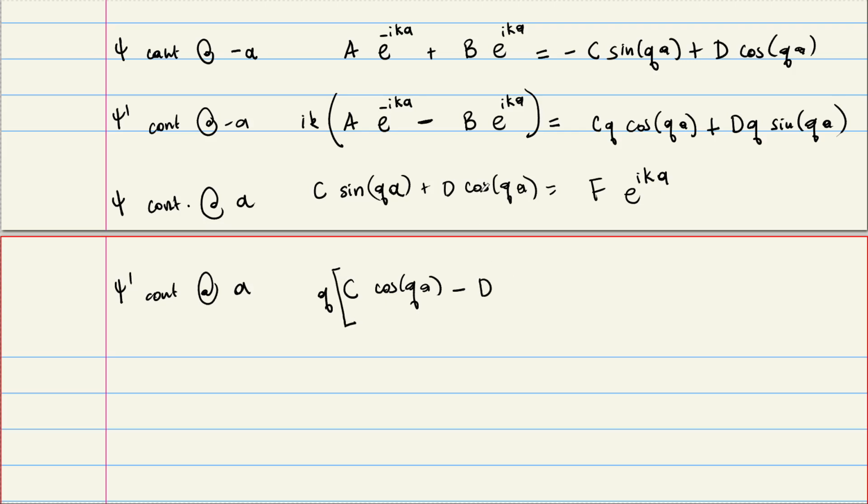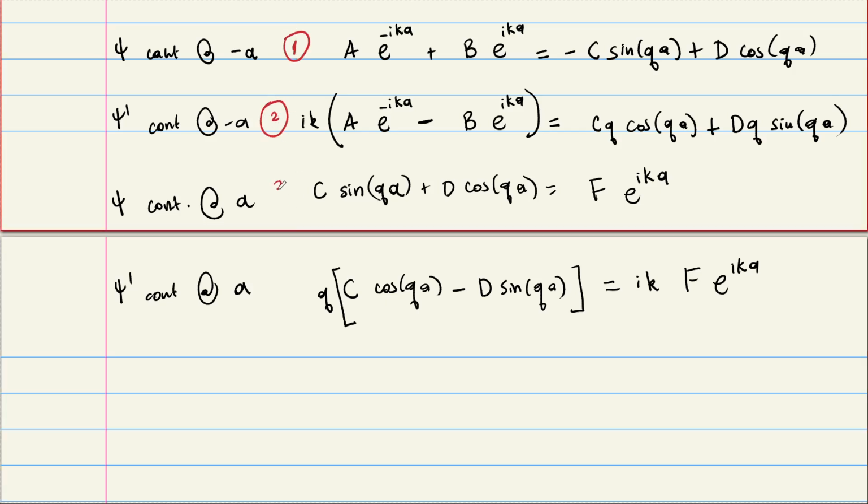The derivative of cosine is minus sine, so this is sine qa, equal to ik f e to the ika. Good. Now let me number these equations. So this is equation number 1, this is equation number 2, this is equation number 3, and this is equation number 4. Good.